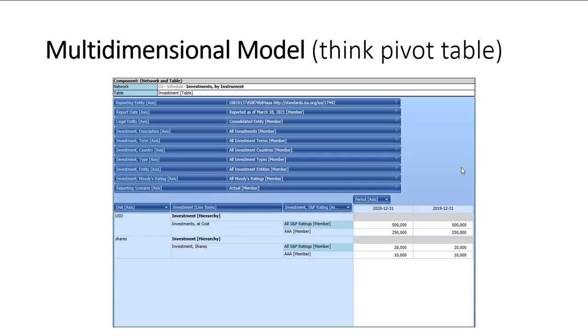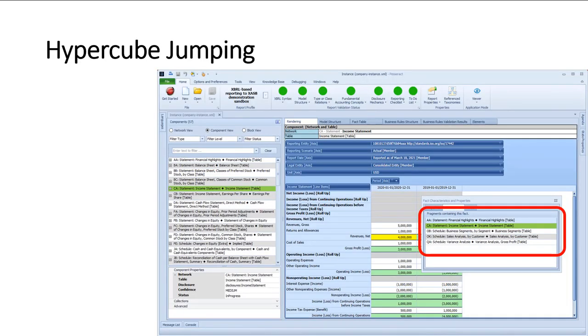This is a multidimensional model. Think pivot table, which is a different pivot table than OLAP. This is a multidimensional pivot table that's different than an OLAP pivot table. I don't want to get into that right here. In addition, in OLAP, the hypercubes tend to exist in isolation, in a silo.